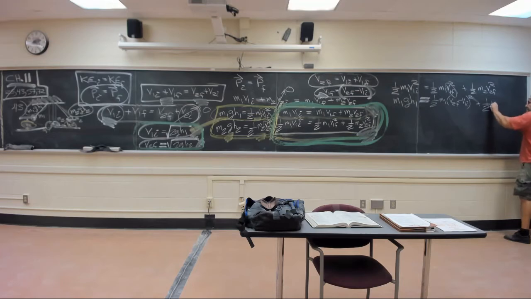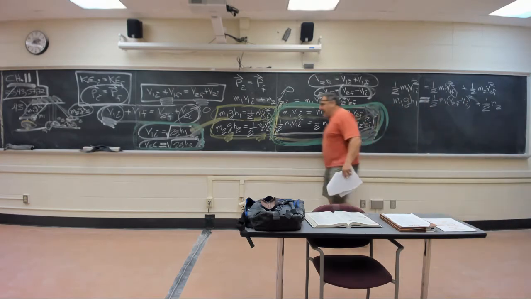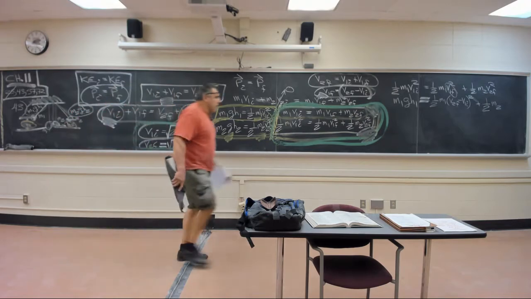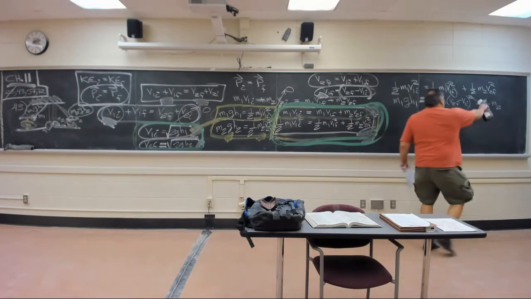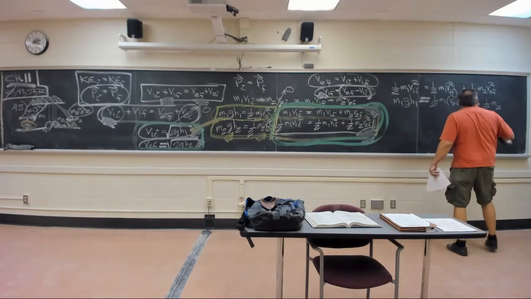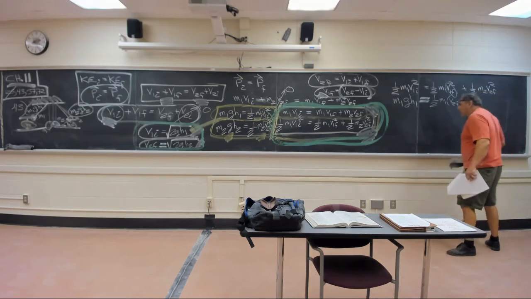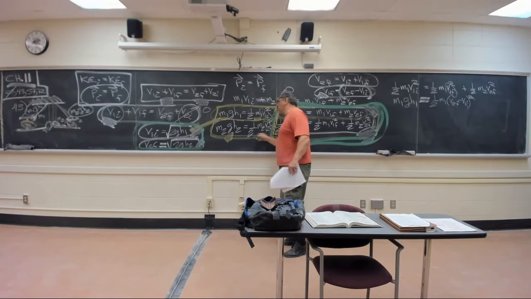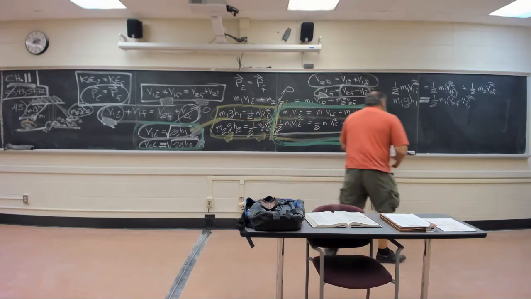One half M2. Well, hold the phone, let's make it easy. What's the significance of that last term? It is right up here, guys: 1/2 M2 V2F squared. That's M2 GH2.